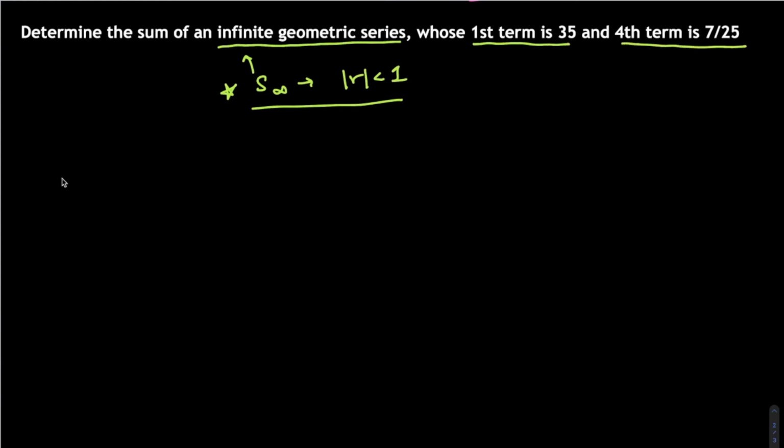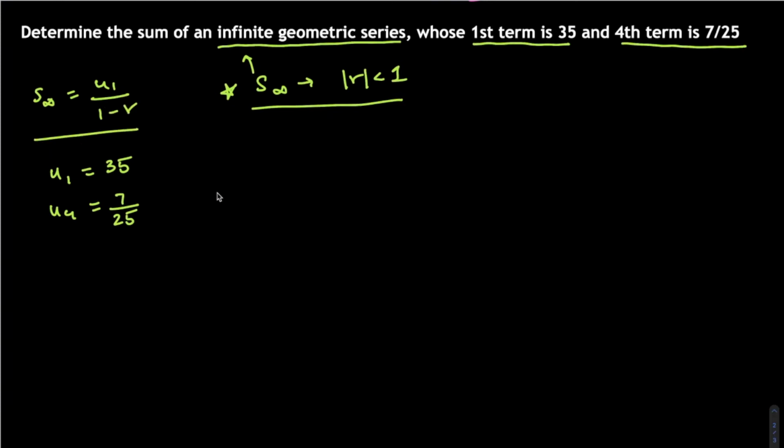So let's accumulate all the information we have. We're given that the first term is 35 and the fourth term is 7 by 25. Our goal is to find sum to infinity. And like I mentioned before, the formula for sum to infinity is first term upon 1 minus the common ratio.